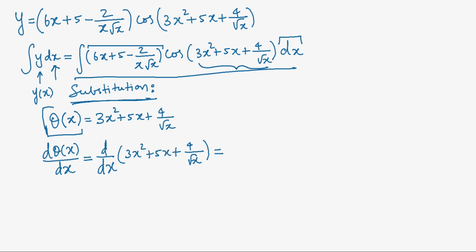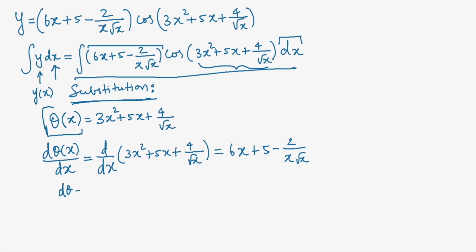So this differentiation will become 6x plus 5. We have 5 just done previously. So it will look like minus 2 by x root x. You're okay with that? Yes, uncle. Okay, so this is what our d theta by dx is.